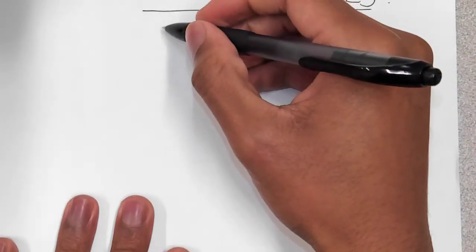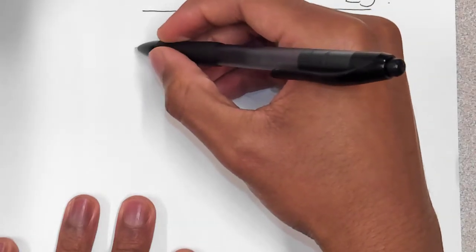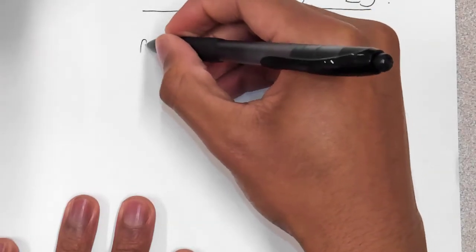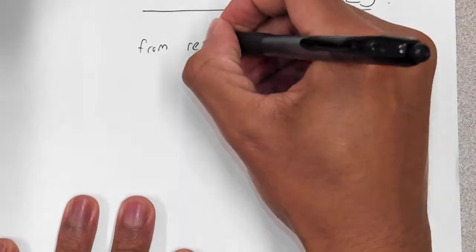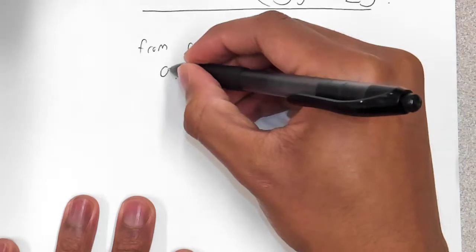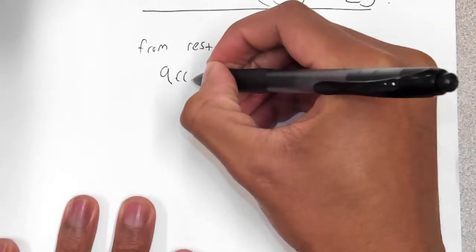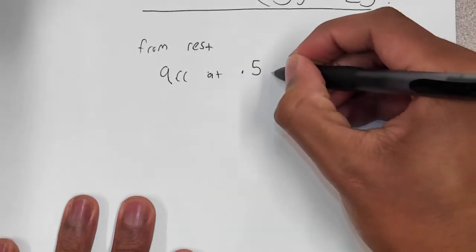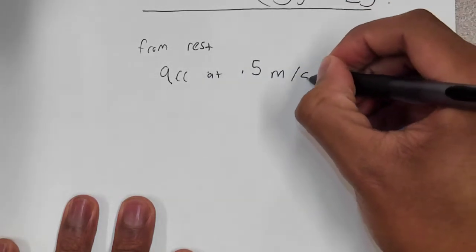So Christian is pushing a stroller from rest accelerating at 0.5 meters per second squared.